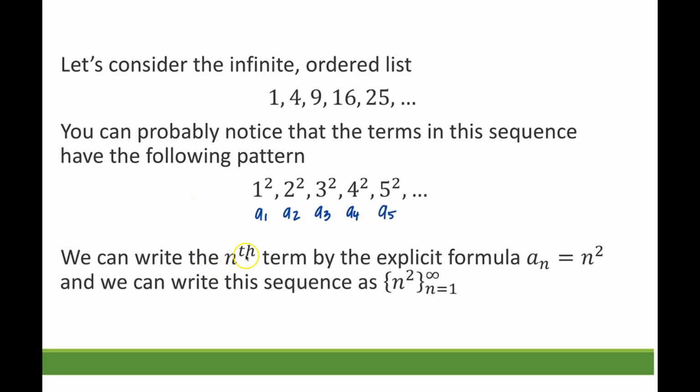So we can write the nth term here as n squared. So the explicit formula for a sub n is n squared. So we can write this sequence as n squared in braces from n equals 1 to infinity, or just simply in braces n squared.